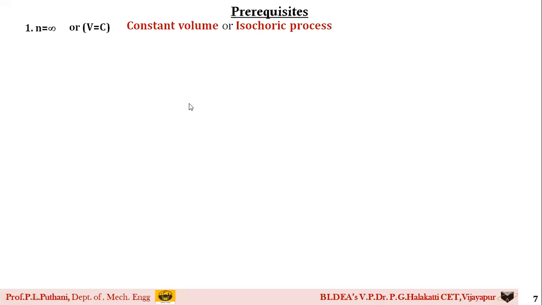For a constant volume or an isochoric process, our PVT relation, how we are generally writing it, students, is P1 V1 is equal to MRT1.